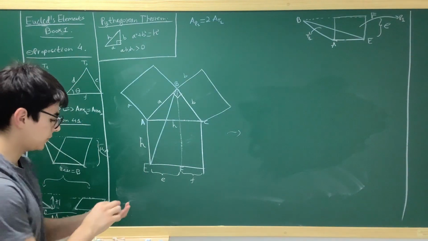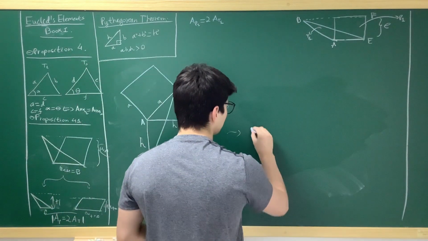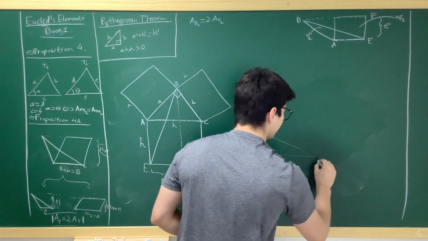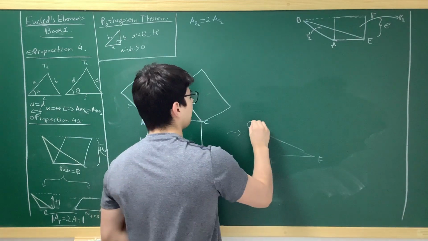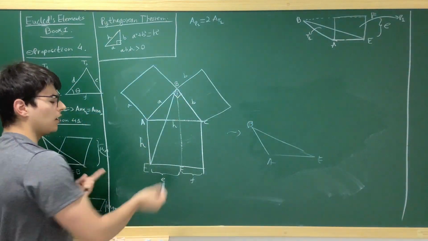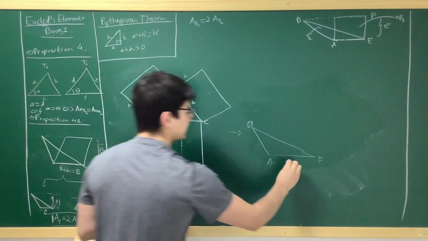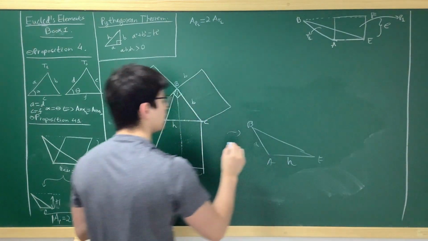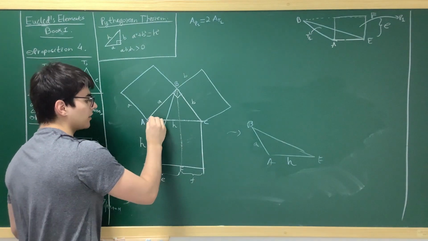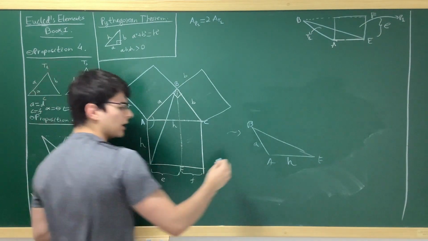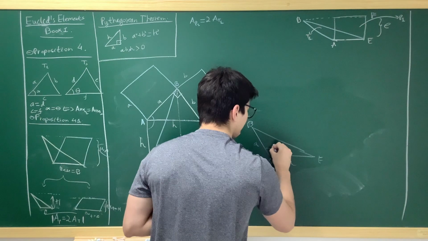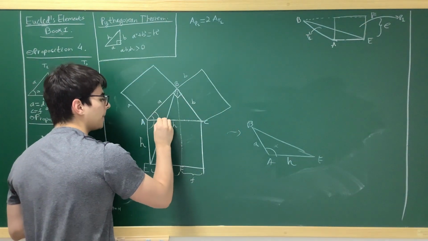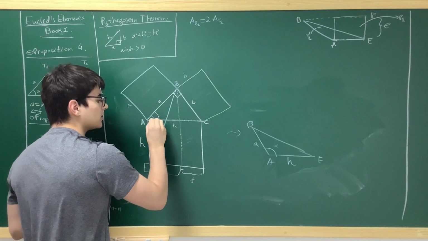But before, just notice the following: that this triangle, the EAB triangle, has, well, this height is H, this side is A, but notice that this angle right here, which I'm going to call alpha, is nothing but this angle right here plus 90 degrees.